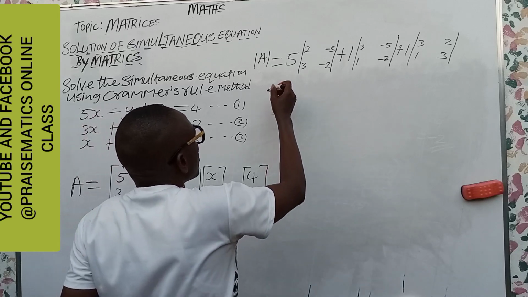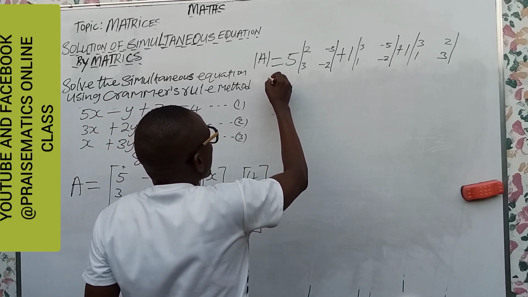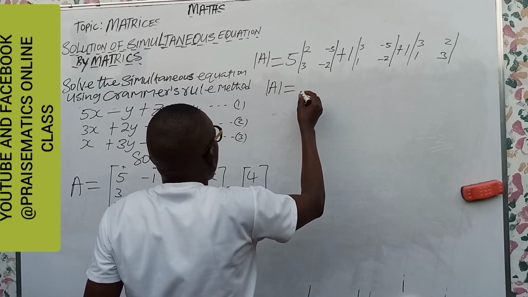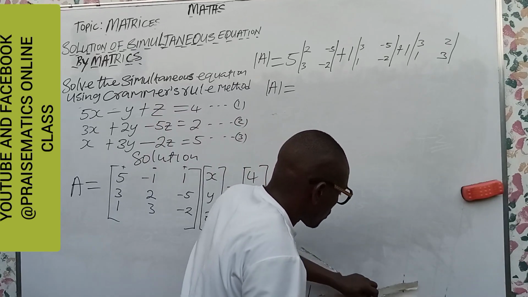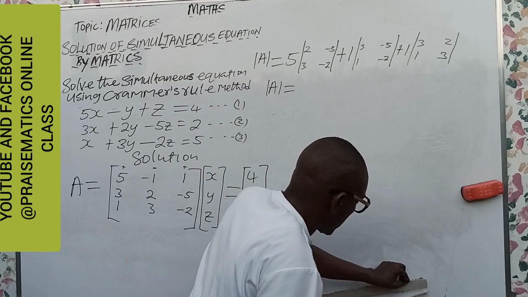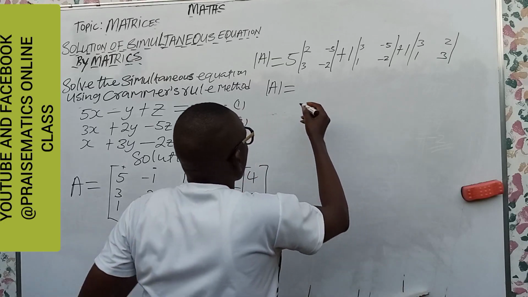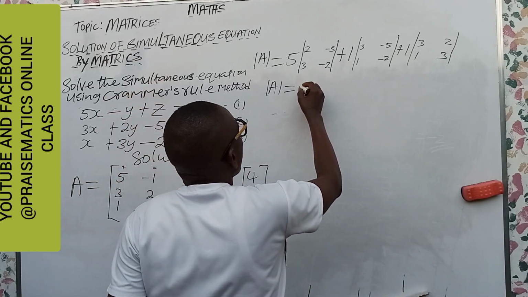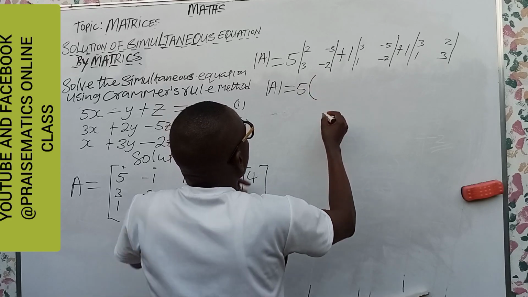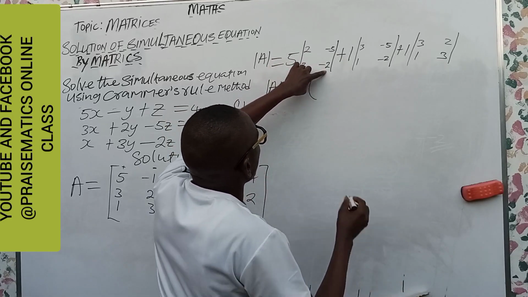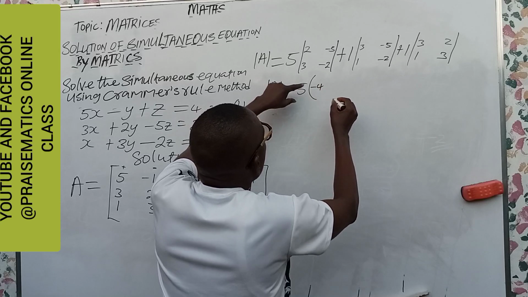So our determinant of A here is equal to 5 into bracket: 2 times -2 will give us -4.